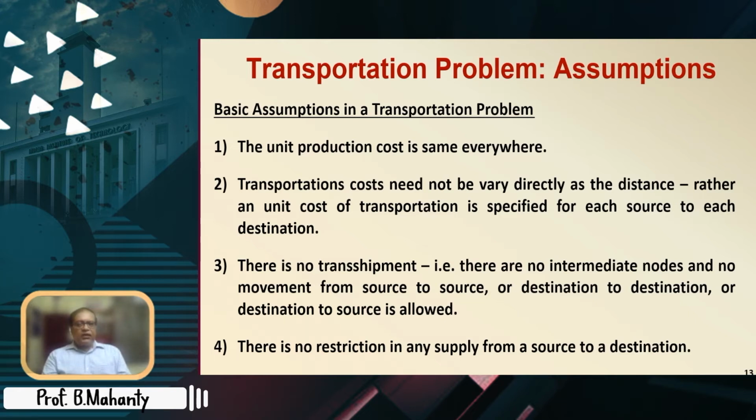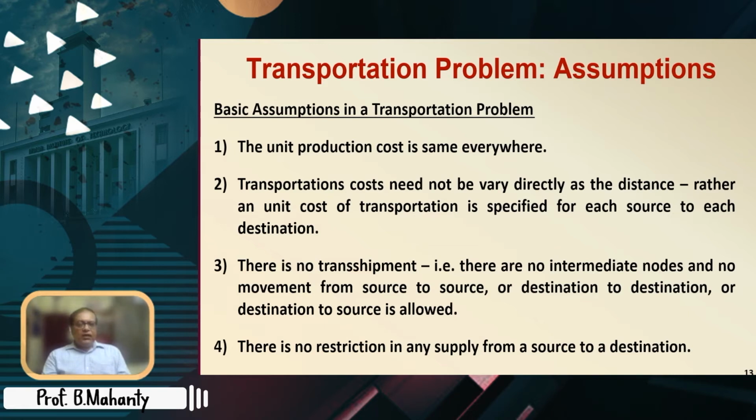From different sources, the material comes to a mother godown, and from the mother godown you again supply the material. So that is also possible. So that is one kind of transshipment. The material comes from different sources to some intermediate node, and then from the intermediate node, the material goes to the destinations. Another kind of transshipment could be source to source.